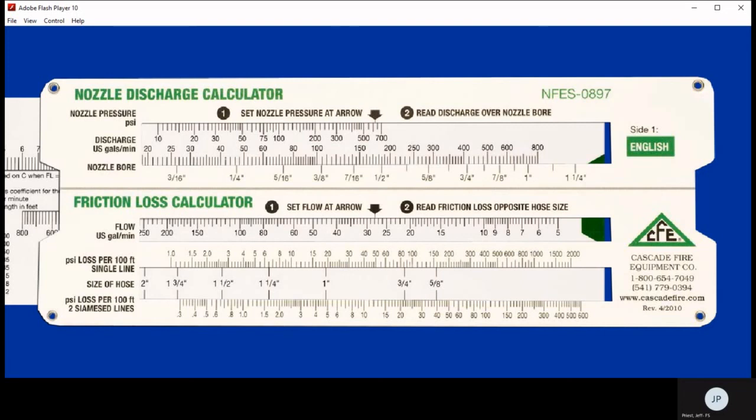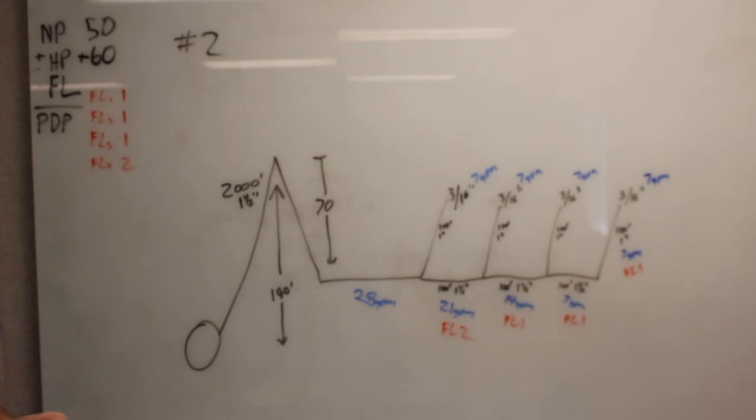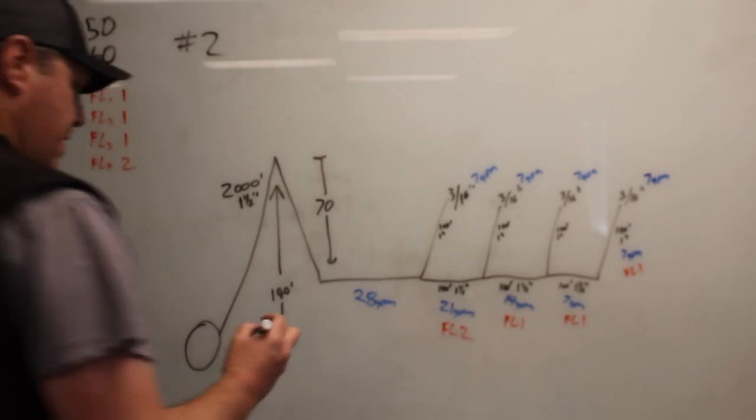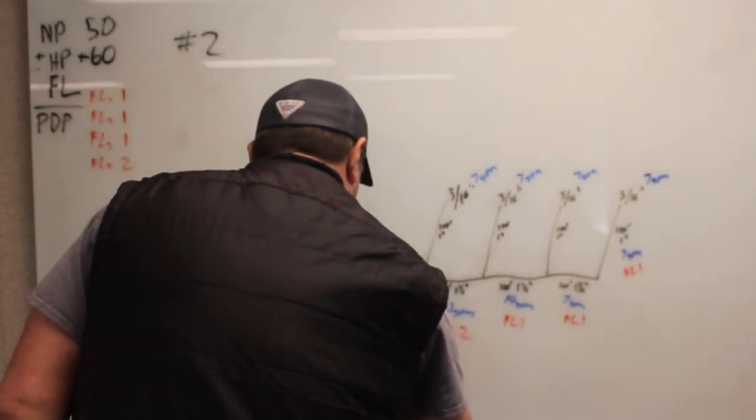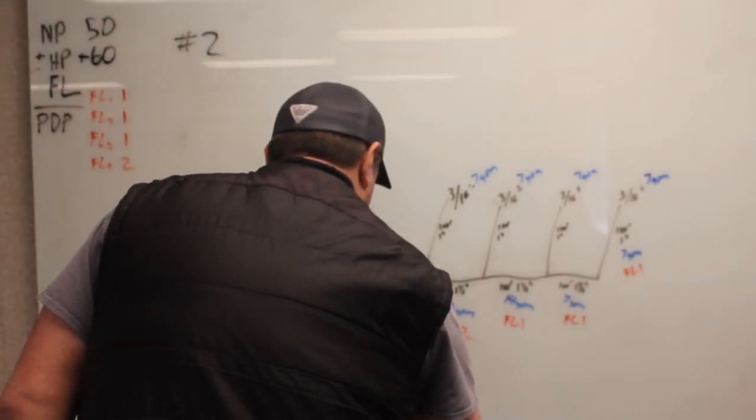Looks like 3, and that would be 3 per 100. I put 28 gallons per minute in my friction loss calculator, and I read the 1.5 hose, and I should get 3.